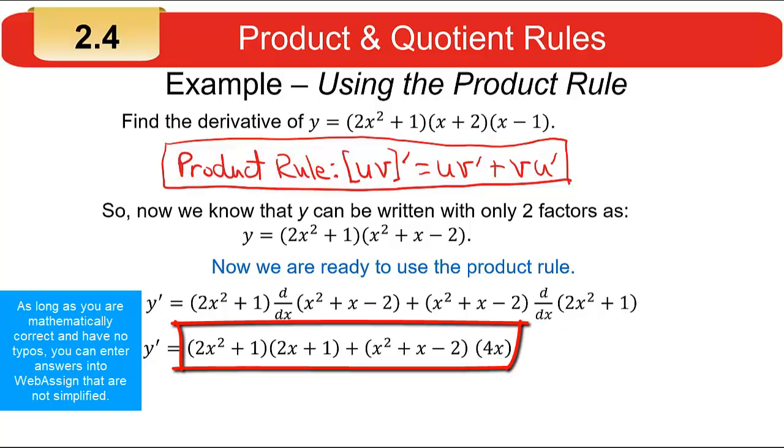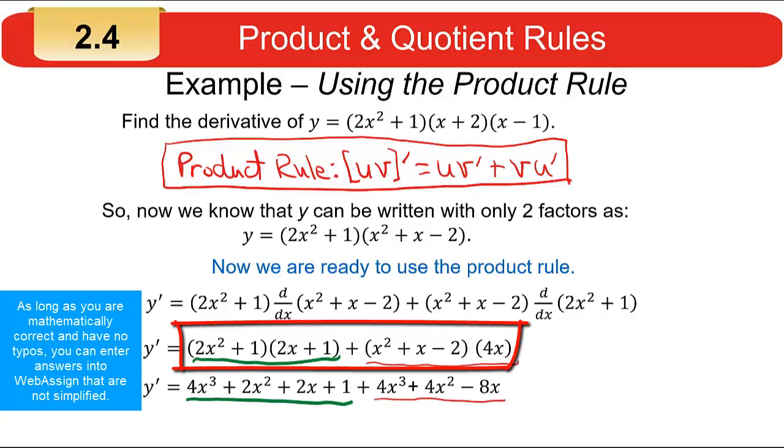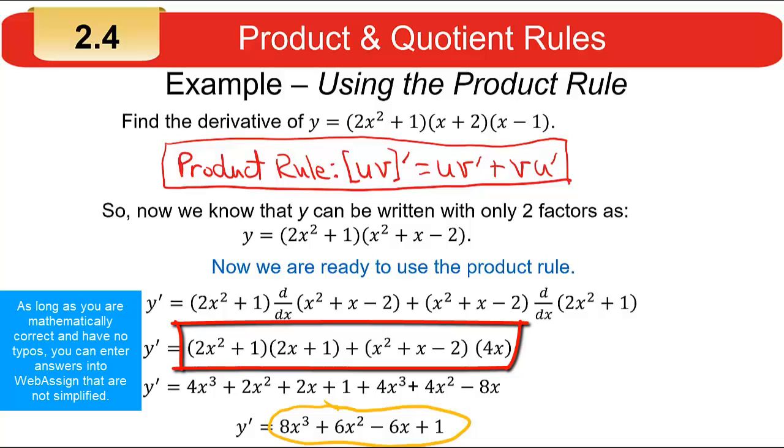It might be that you can type your answer in just like that and WebAssign will accept it, but you've got to decide if you want to do it that way or simplify it more, because if you don't simplify it, there's much more chance that you'll make a typo as you're typing it in. I'm going to go ahead and simplify it. If you multiply the first 2 factors together and FOIL it out, and you multiply the second set of products by multiplying through by 4x and collect like terms, you'll get that the derivative is 8x cubed plus 6x squared minus 6 plus 1.